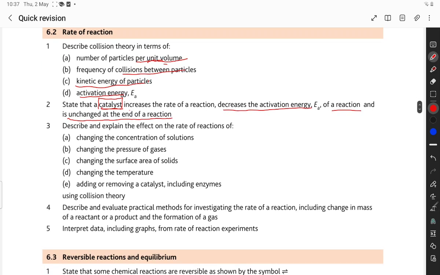Describe and explain the effect on the rate of reaction of changing the concentration. By increasing concentration, the reaction rate is increased. Why is it increased? Particles become crowded.